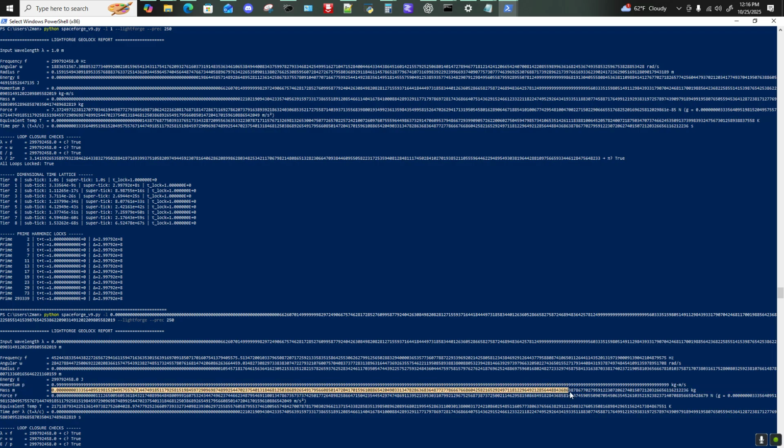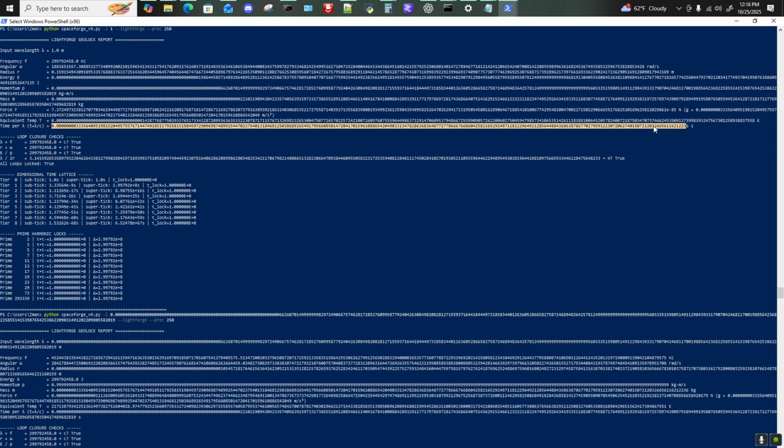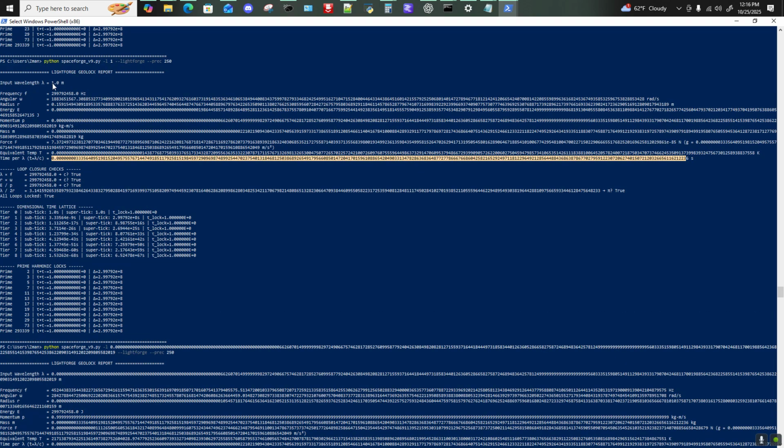So every single piece of mass has a standing wave in it that is this right here. This is the standing wave of the building block of mass right here, because it represents 1 kilogram of momentum at the speed of light energy, and it also represents the locked in time standing wave period or 1 meter at a frequency of the speed of light.